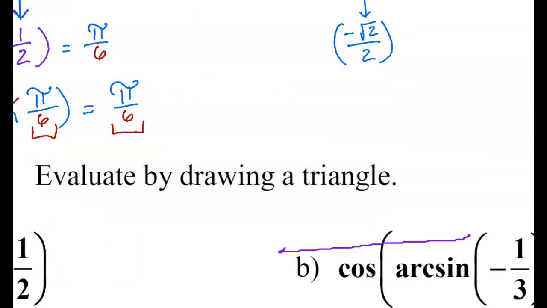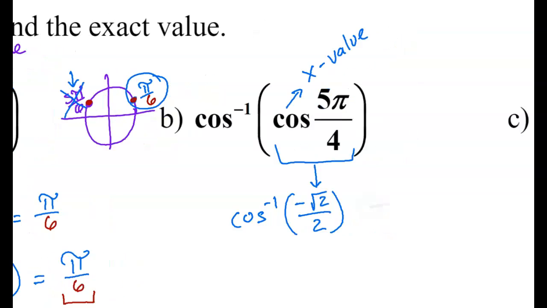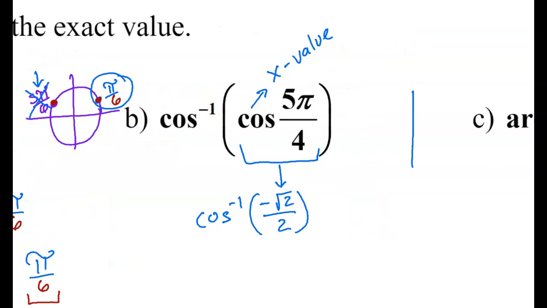Now we're finding the inverse cosine of negative square root of 2 over 2. So now we're looking at our unit circle for where the x value is negative square root 2 over 2. Now it is that exact angle we just found. So 5 pi over 4 does have an x value of negative square root 2 over 2.